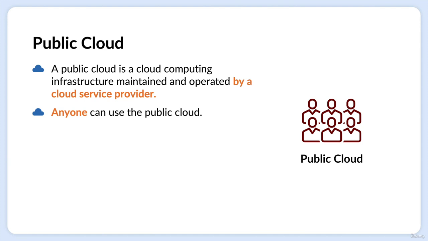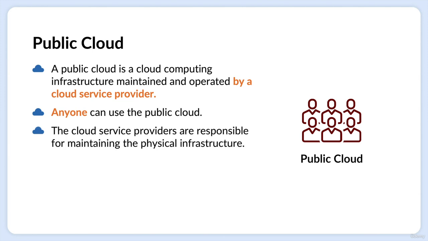It means a startup, big organization, or even an individual can use public cloud services. The cloud service providers are responsible for maintaining the physical building, power, cooling, and hardware failure. We will learn about these public cloud providers in detail later in this module.